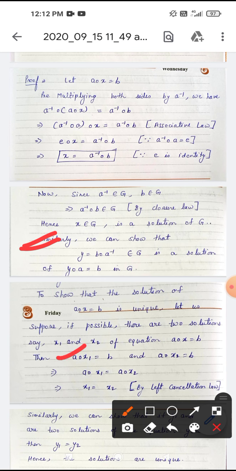So we will get A operation x1 is equal to B and A operation x2 is equal to B. Now the right hand side is equal, so we can equate the left hand side. So we will get A operation x1 is equal to A operation x2. Now by left cancellation law, we will get x1 is equal to x2.